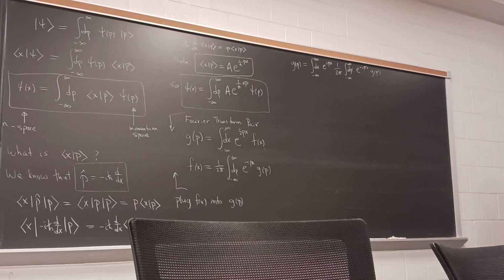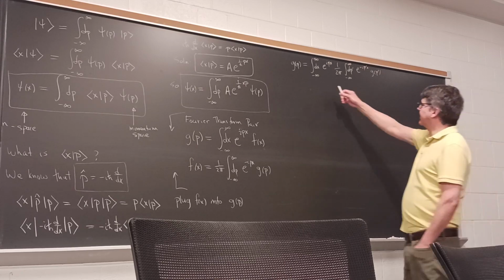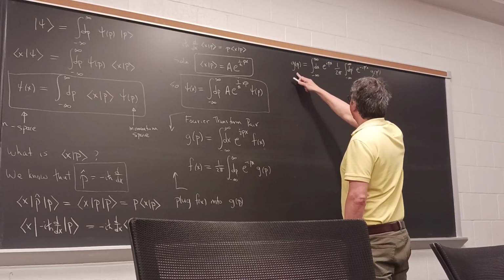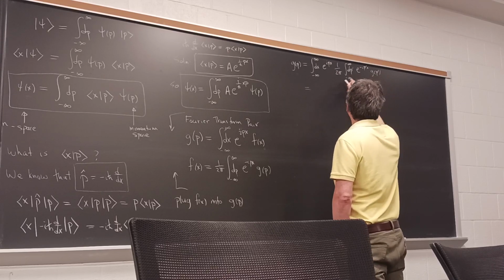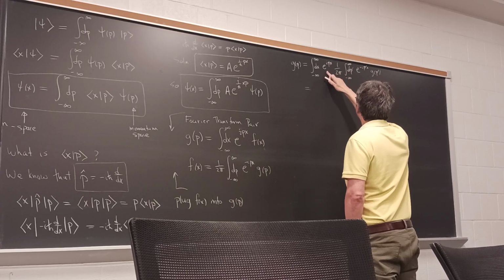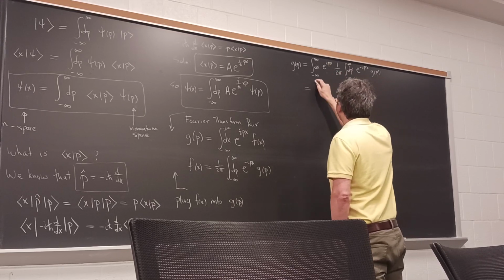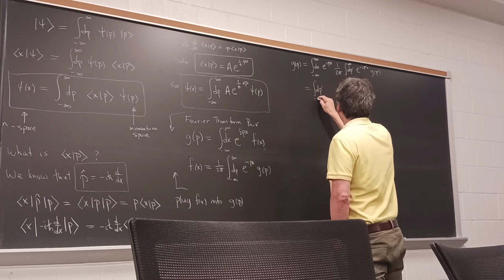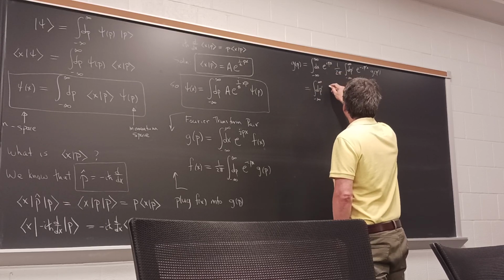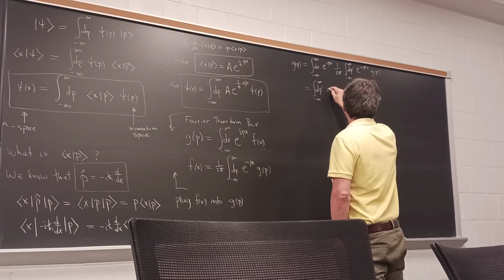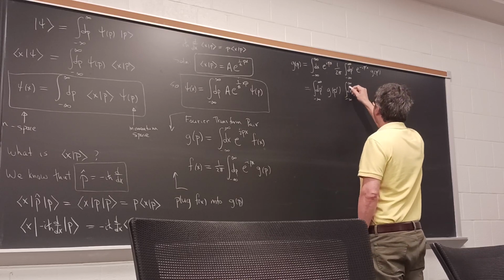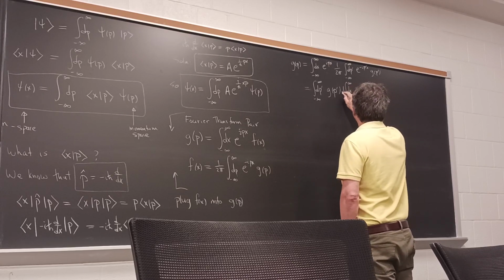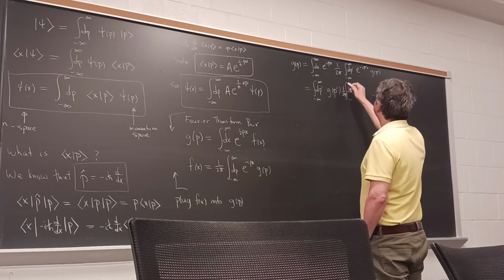Okay? And the right-hand side should be equal to g of p. So let's collect our exponentials. Let's write this as the integral over dp prime, and then g of p prime, and I'm going to bring my integral over dx to the rear here, and put the 1 over 2 pi in front of it.